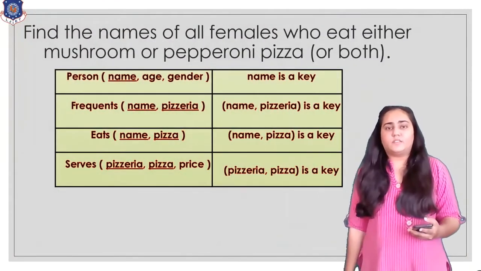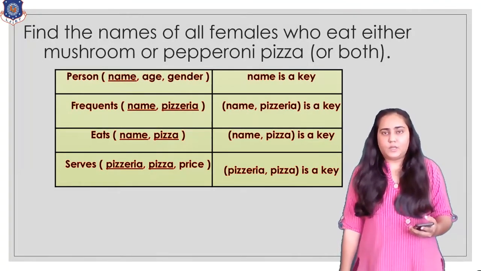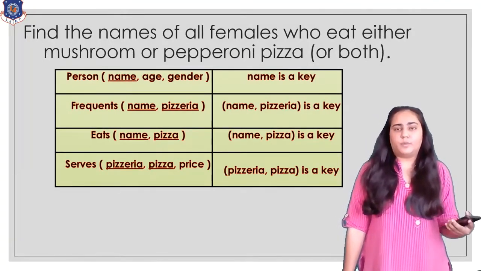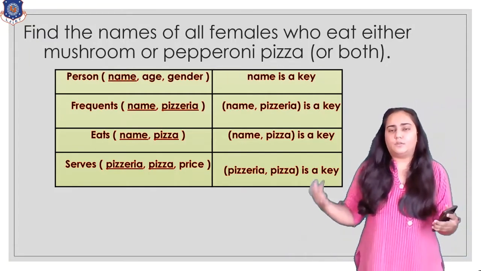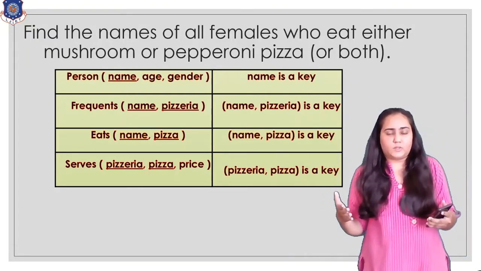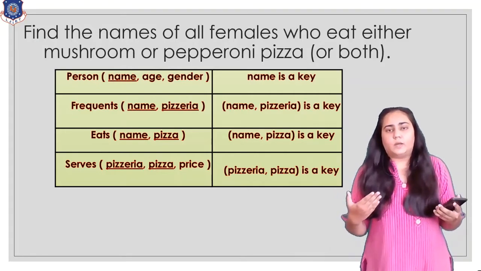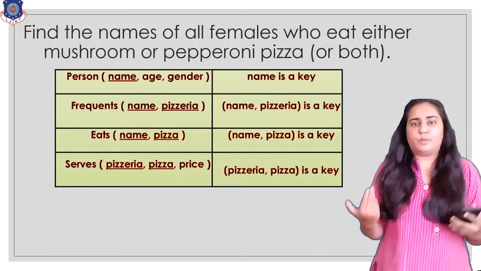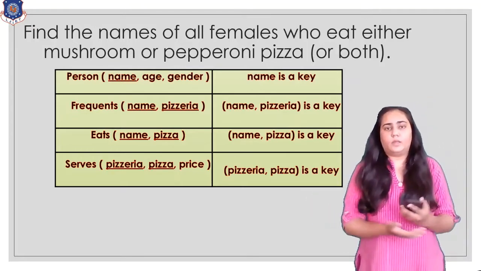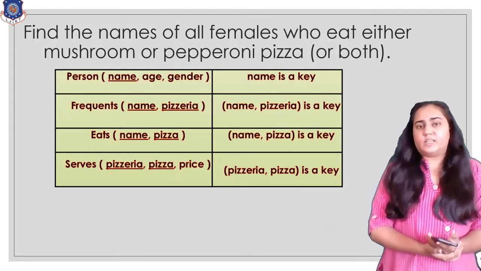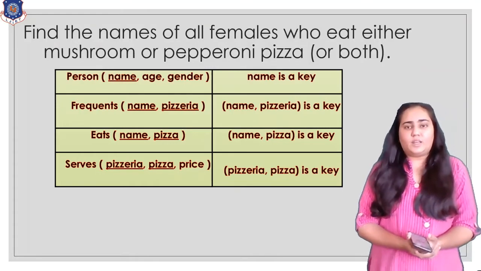The next query says, find the names of all females who eat either mushroom or pepperoni pizza or both. Now, "or both" is given as an afterthought in the bracket, so it's not necessary. But when we say mushroom or pepperoni, it's understood that it could be both also. Now, what I want is the names of females. And from where can I get names of females?